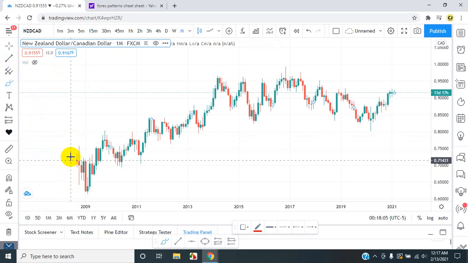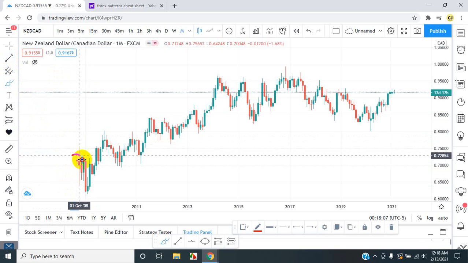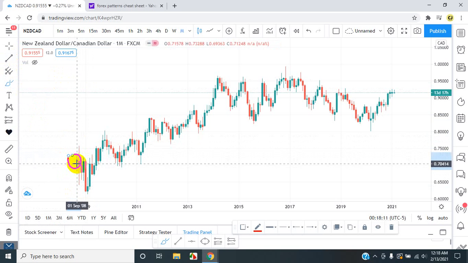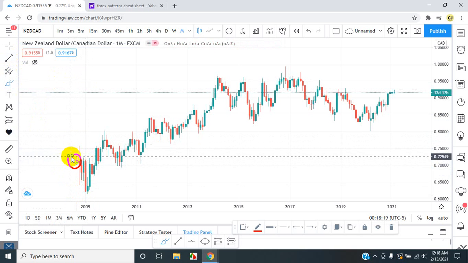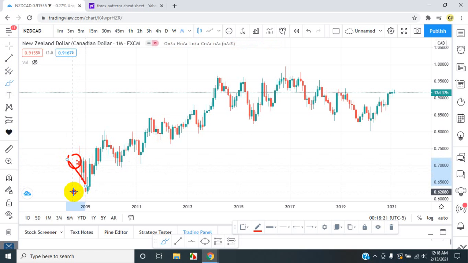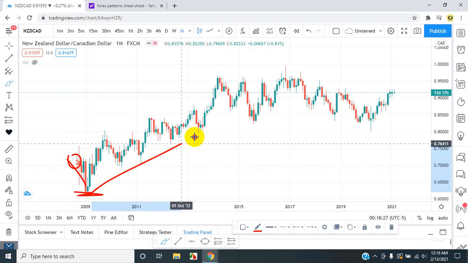Okay guys, let's identify what's going on in the market. In this area here, this is where price started off at. This is back in September 1st of 2008. From there, the market came down in a straight drop, hit a support. From there, the market pushed up into an uptrend.